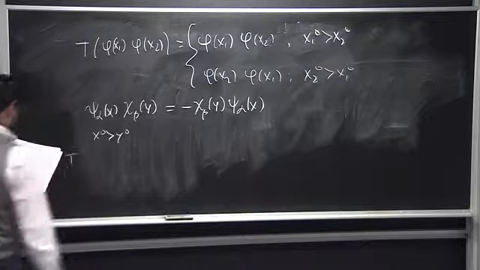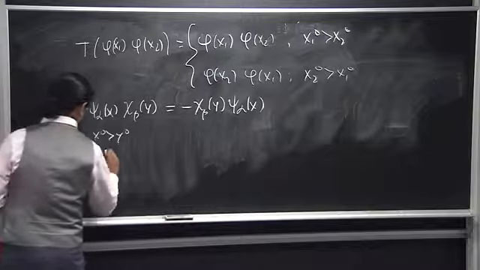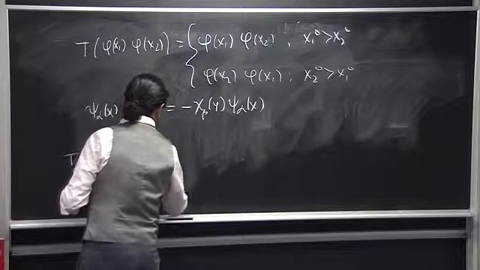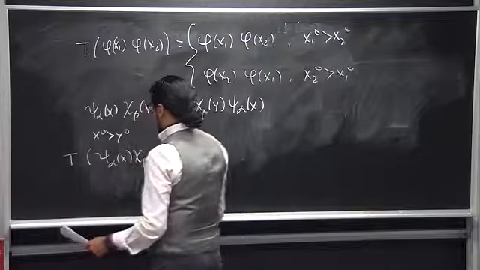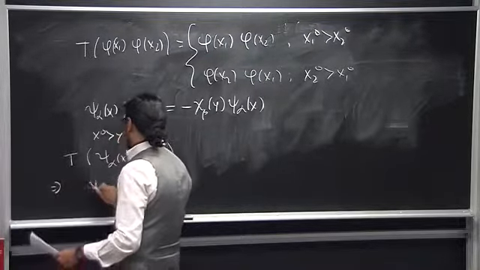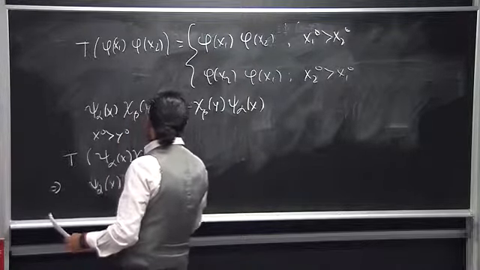Then if we apply the time ordering operator to both sides, on the left-hand side this is already time ordered, so we can write this as psi alpha of x, chi beta of y.